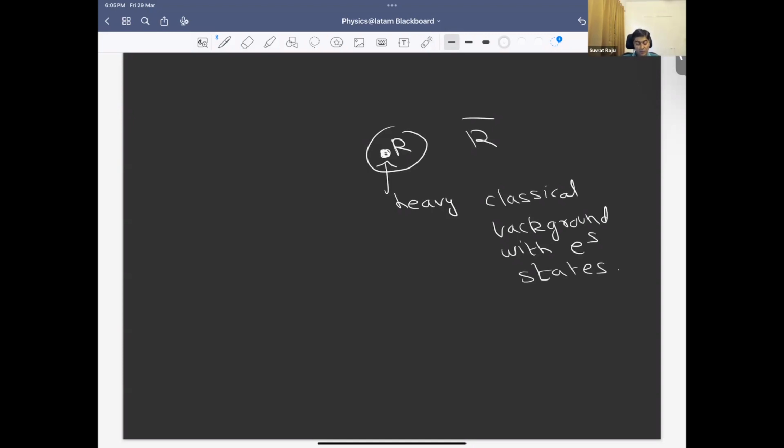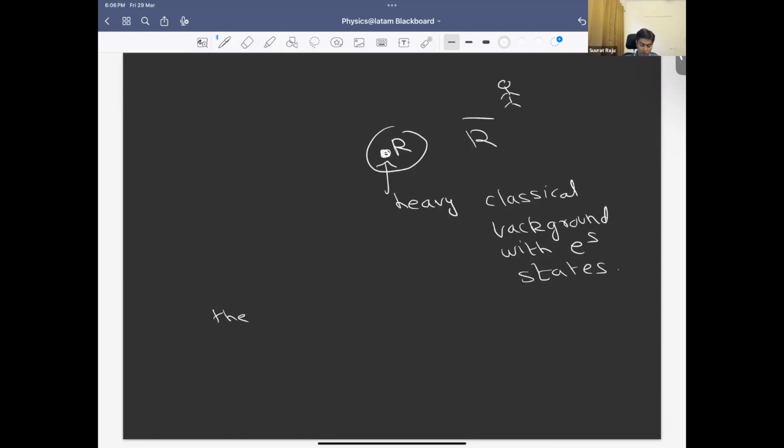Then it can indeed be very hard for an observer outside to determine what the state of R is. Why can it be very hard? Well, you just go back to the kind of protocol that we were constructing for the observer outside to determine what the state in R was. And you will easily see, and this is something that I discussed at the end of the last lecture, that if you have a heavy classical background with e to the S states, then it becomes exponentially hard.